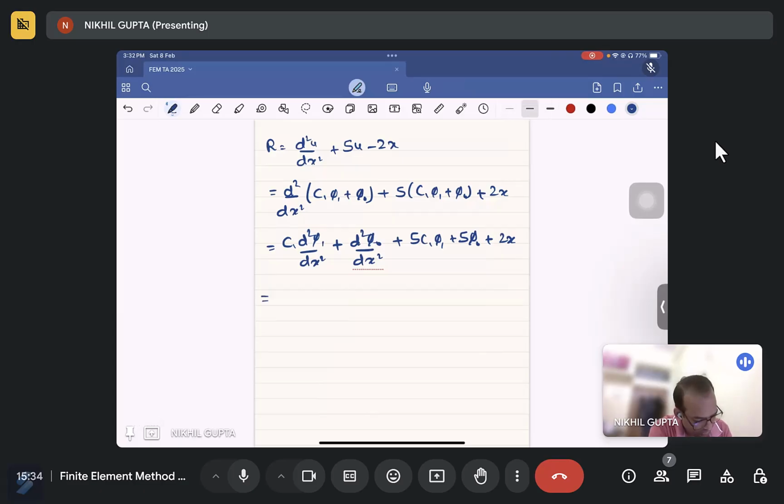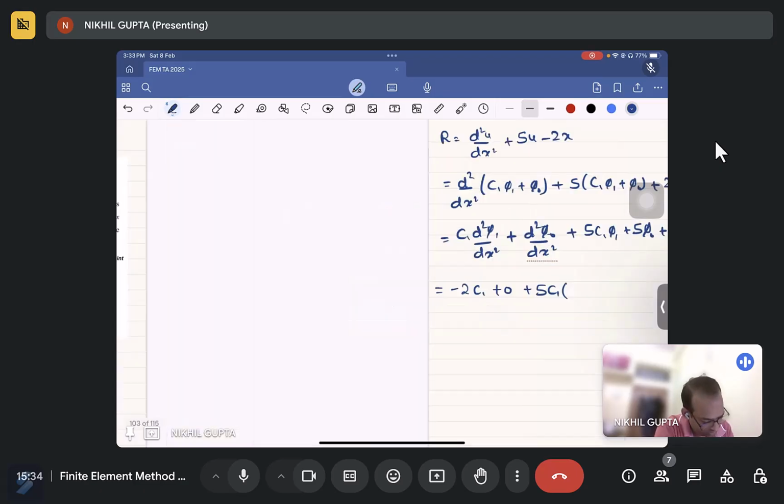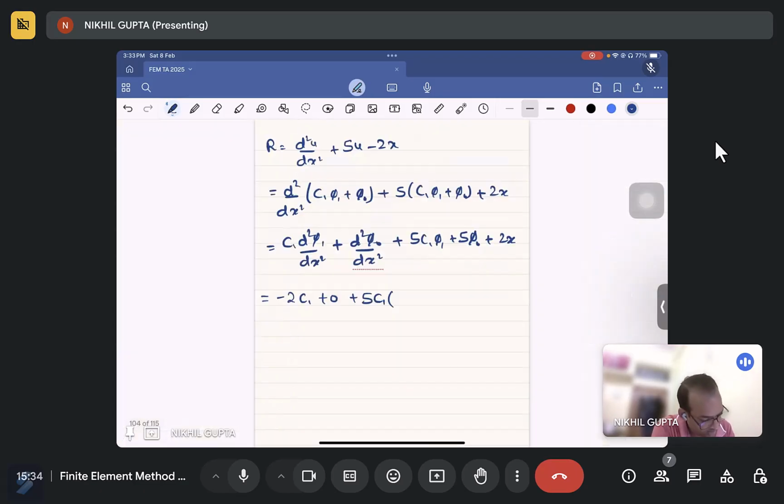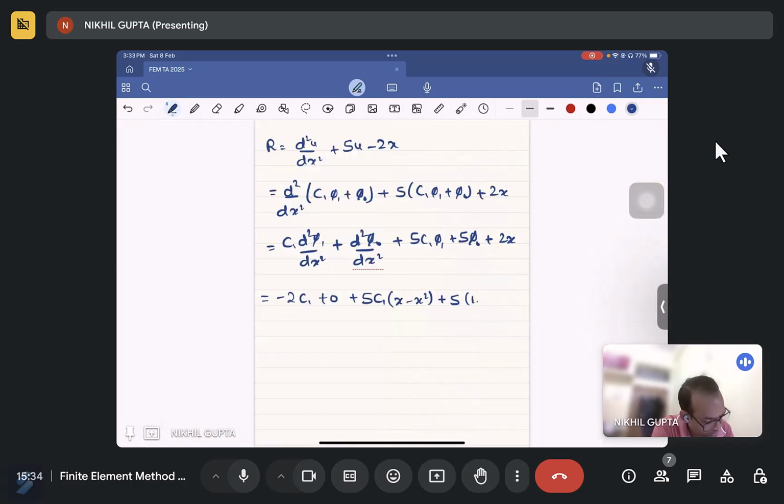So d2 phi 1, we have seen, is minus 2 c1. Okay, phi naught is 0. Then 5 c1. Now no differentiation, we have to directly use phi 1, which is x minus x square, so we can write x minus x square plus 5 of phi naught, which is 1 minus x, plus 2x.